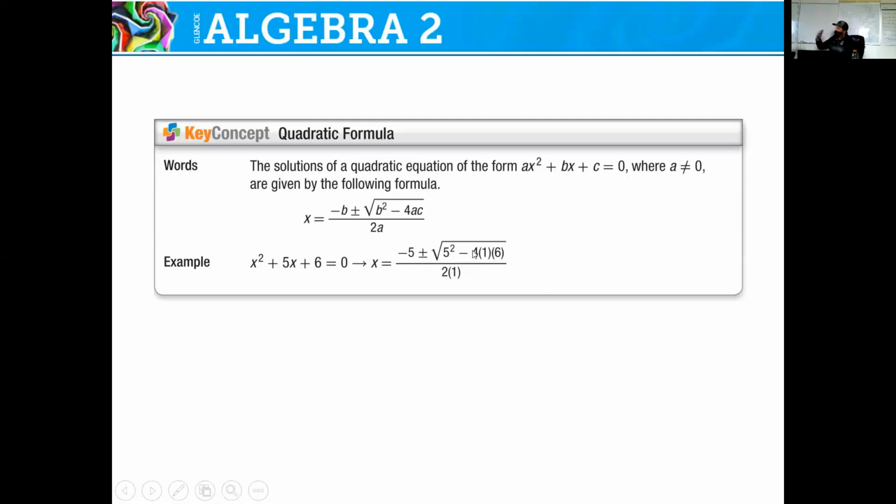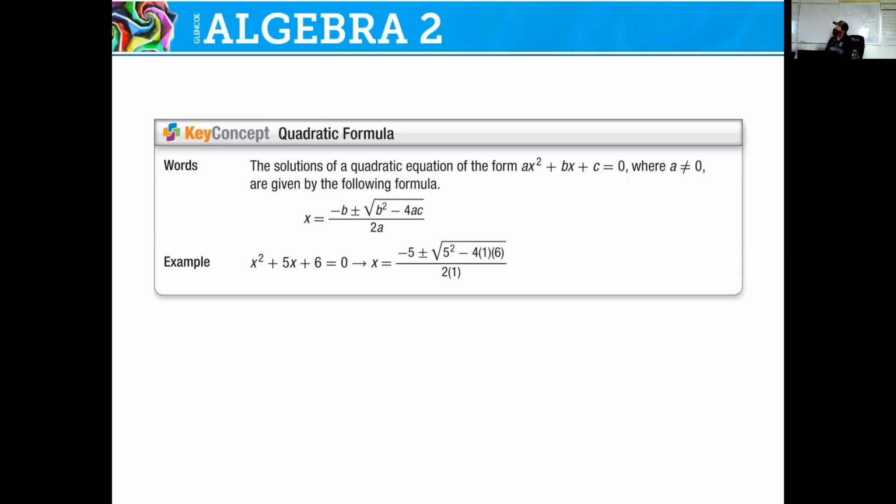So we have to follow order of operations as we go through, and we'll resolve the denominator at the very end. Because you have negative 5 plus or minus, what this plus or minus does is break it into two separate answers. Because parabolas have two ends, you're going to get two different answers for roots.